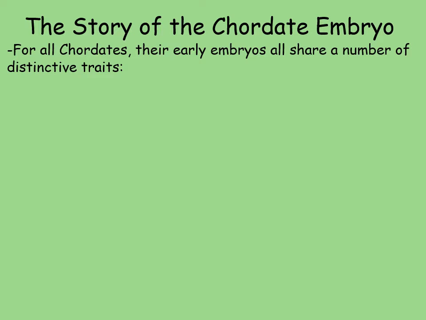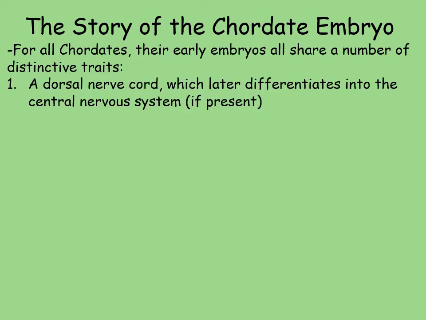So now let's turn specifically to the story of the chordate embryo. Again, the chordate group is the group that we belong to. One of the subgroups is the vertebrates. For all chordates, their early embryos share the fundamental chordate characteristics that I have mentioned previously. They have a dorsal nerve cord, so it's on the dorsal side of the body.